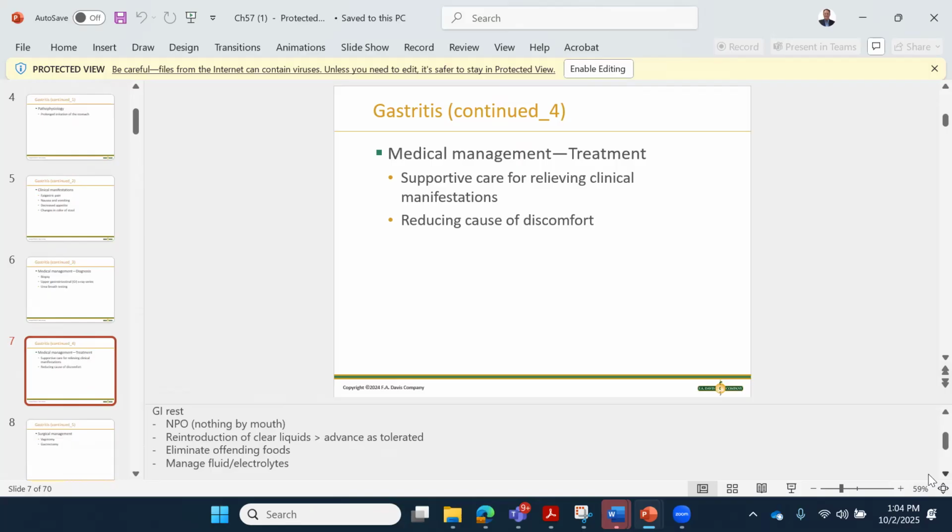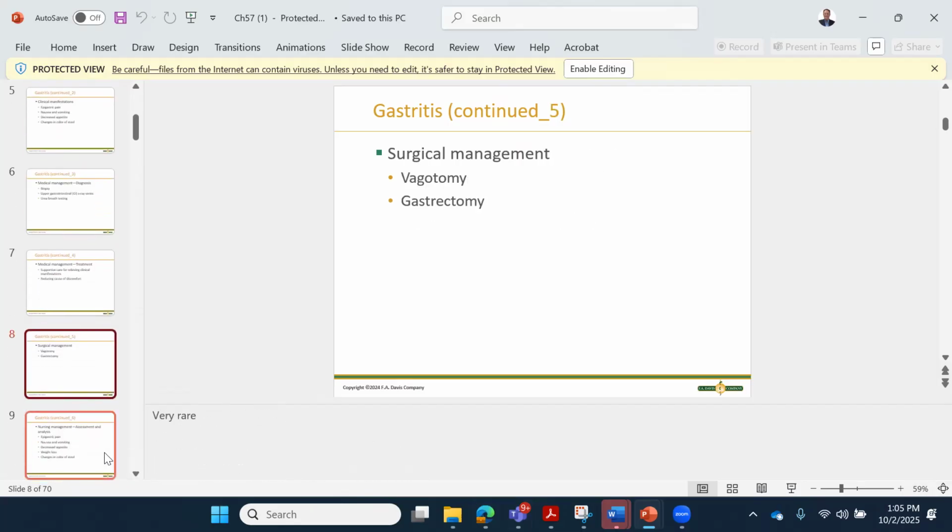And that's true for any condition, not just for gastritis. You also want to ensure that you include other members of the healthcare team, such as a nutritionist, dietitian, etc., to help patients be more educated about what types of food to avoid, which types of food would be best for them.